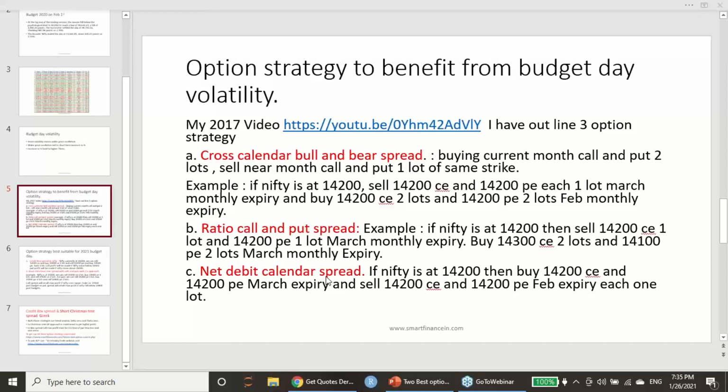Calendar spread, debit calendar spread may not be that effective, because the pre-events are also very important. What happens three months before the budget is very important. In November, December and January we have experienced a record inflow of FII money because of liquidity. Whenever money comes through the liquidity route, that money is not the real strength of the market.